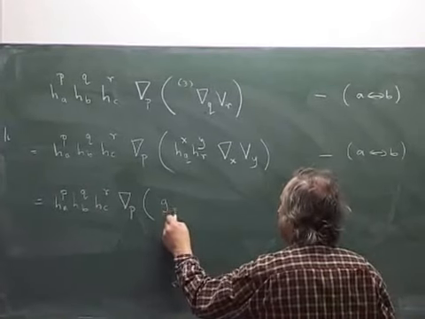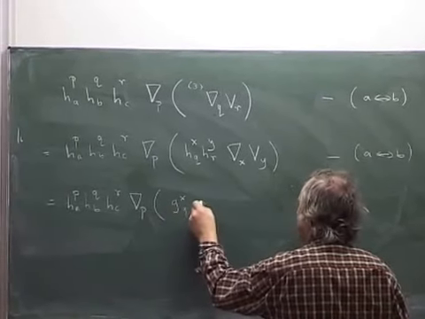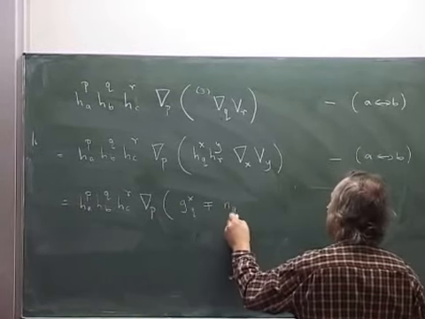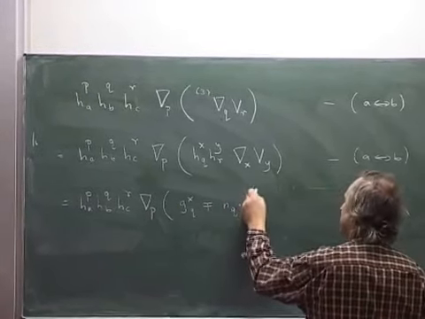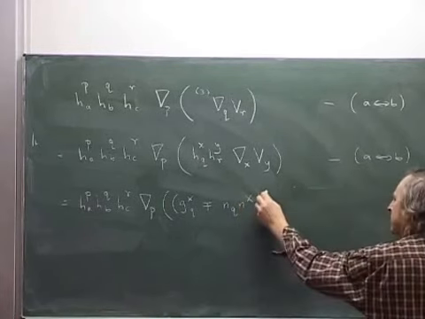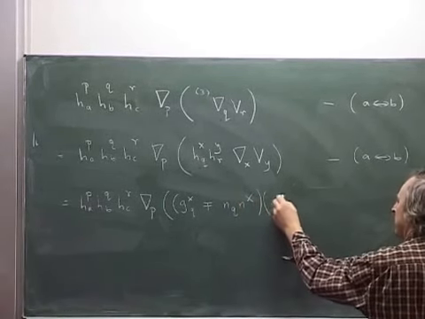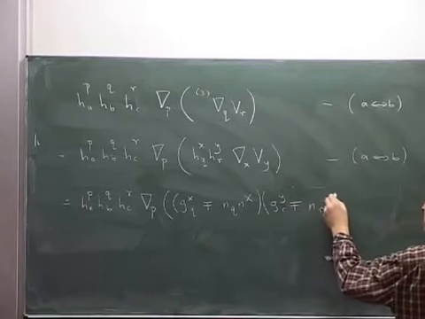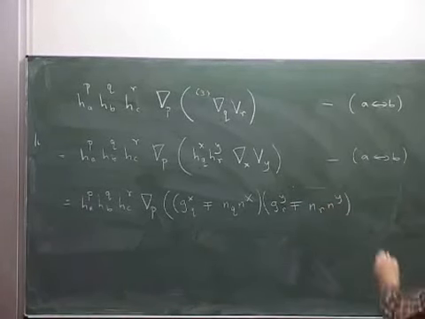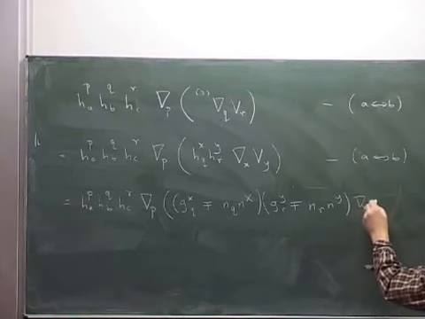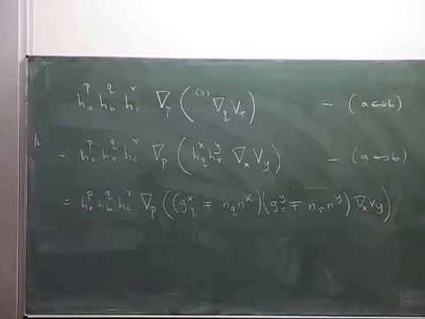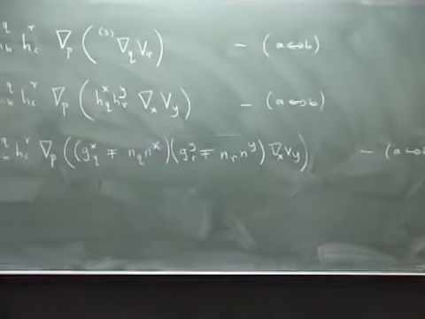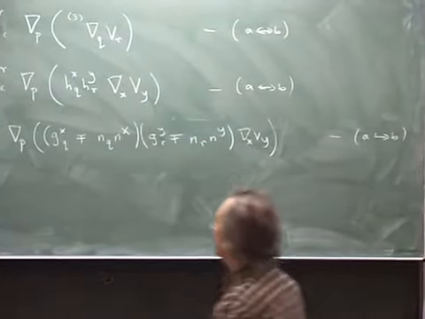So you have a G_QX minus or plus N_Q N_X, that's H_QX, times the same thing with an H_RY. And then that's on del X V^Y. And then you subtract off the same thing with A and B. Then you multiply it out.